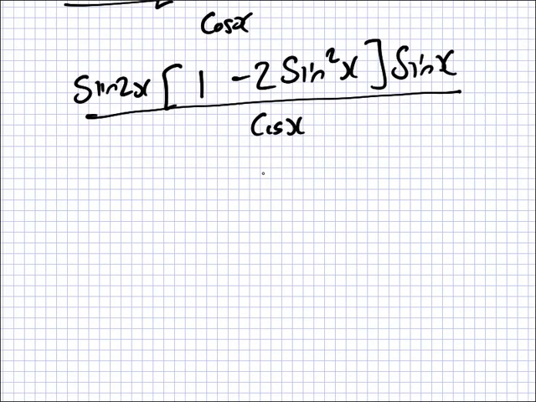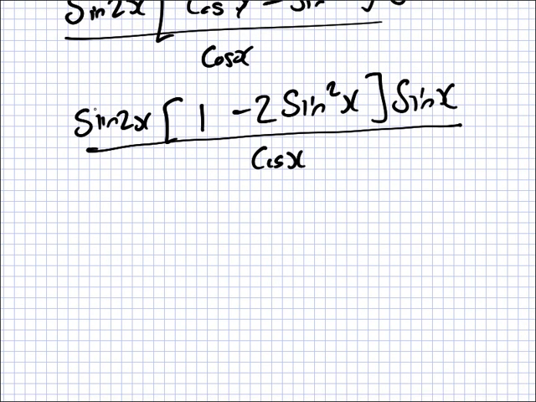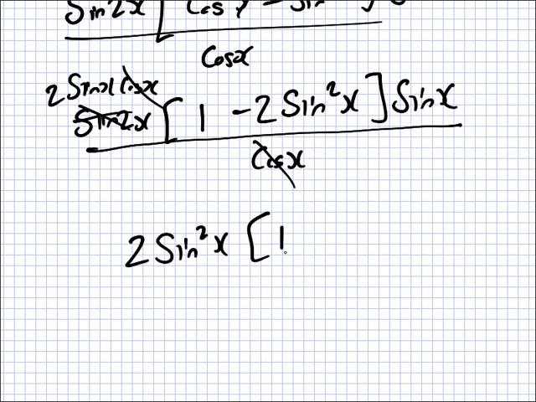What can I do about cos x? If you replace that with 2 sine x cos x, I can cancel those. And then that means I have 2 sine squared x times 1 minus 2 sine squared x?